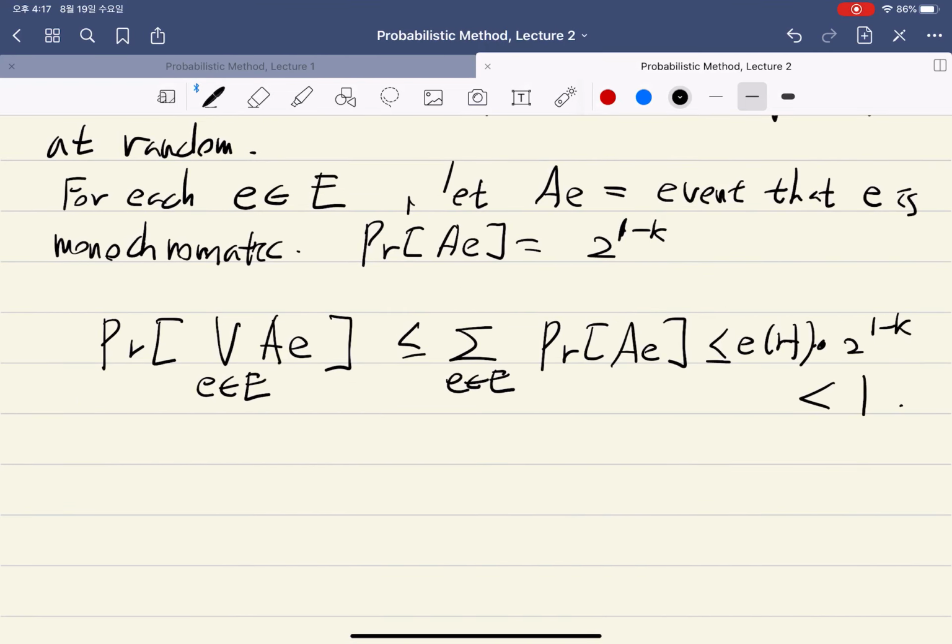So that means with positive probability, 1 minus this is positive. So with positive probability, we can actually avoid all these bad events.